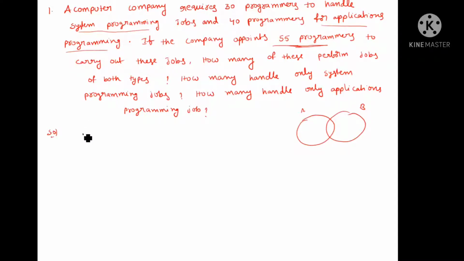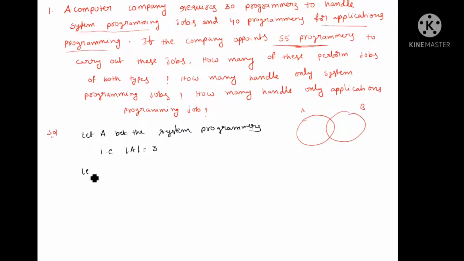So let A be the set of system programmers. That is mod A equals 30, the number of system programmers they need.